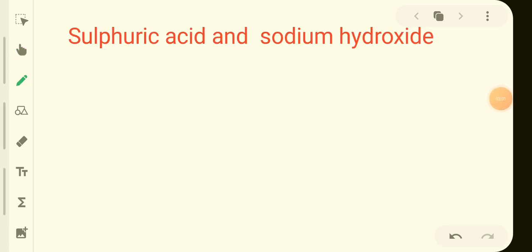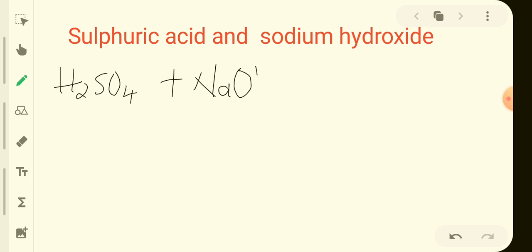Now, what if we have sulfuric acid reacting with sodium hydroxide? What will be the equation? For sulfuric acid, we need to know the formula of this acid. Sulfuric acid is H2SO4. This will react with sodium hydroxide.